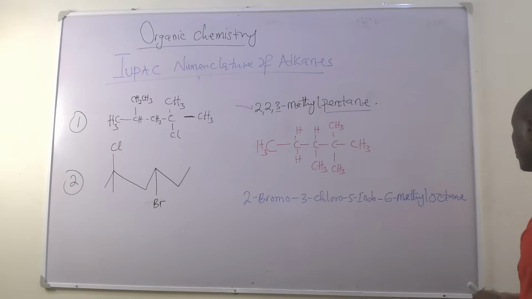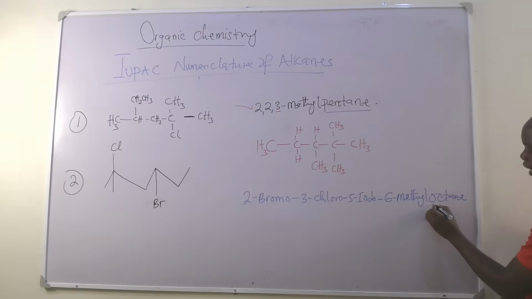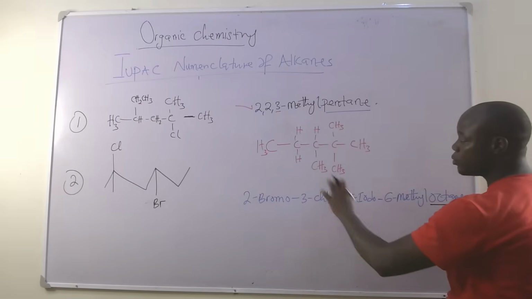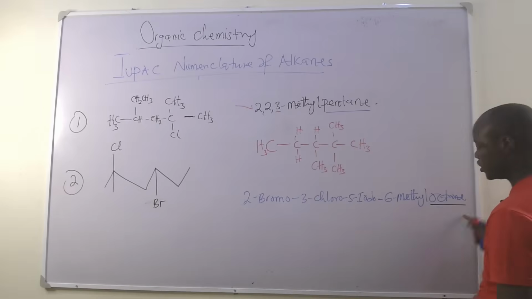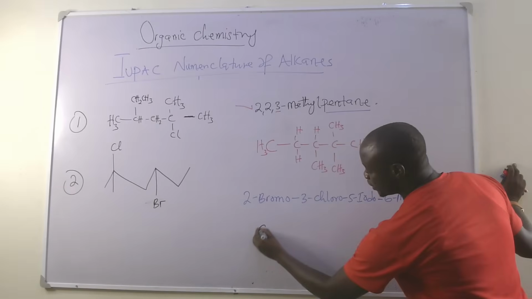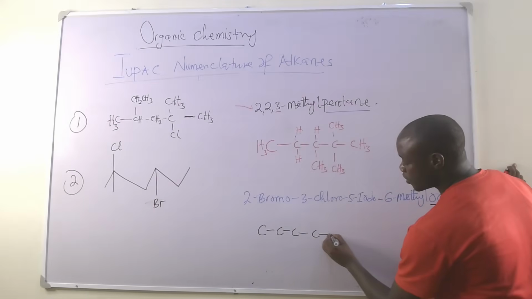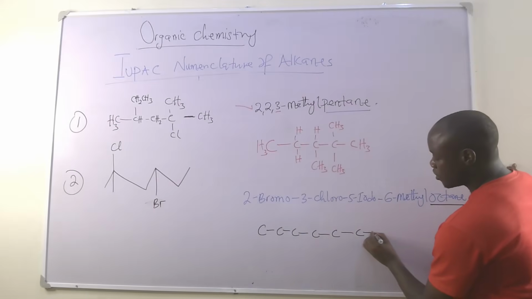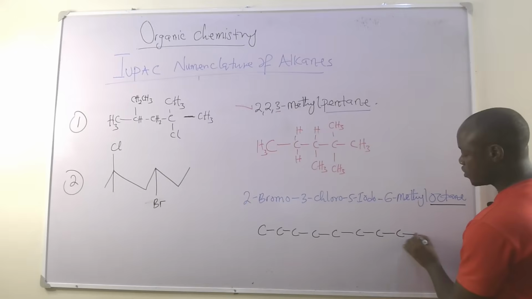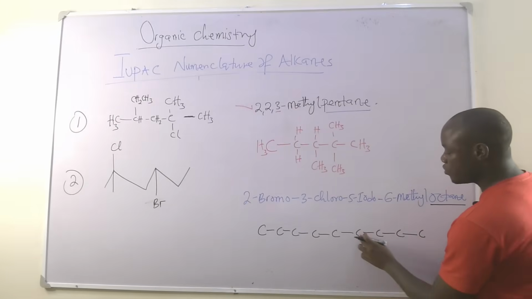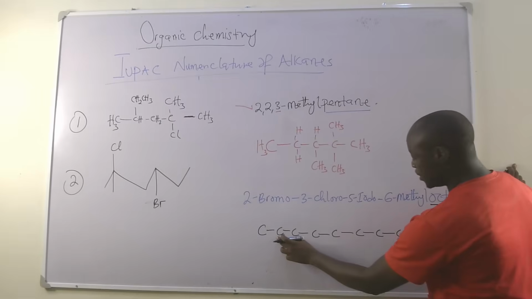So the first thing to do is to draw the parent name, which is octane. And from octane, you locate the position of each of the substituents. So we are now going to draw octane, which is 8 carbon. One, two, three, four, five, six, 7, 8.